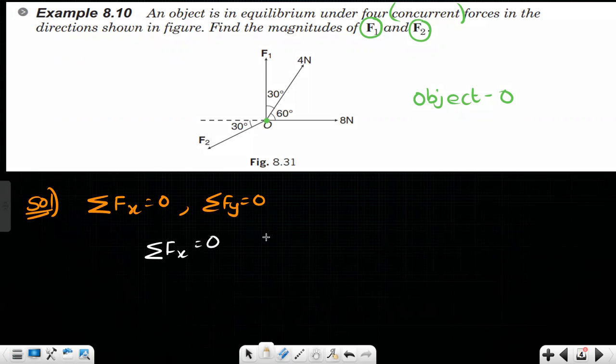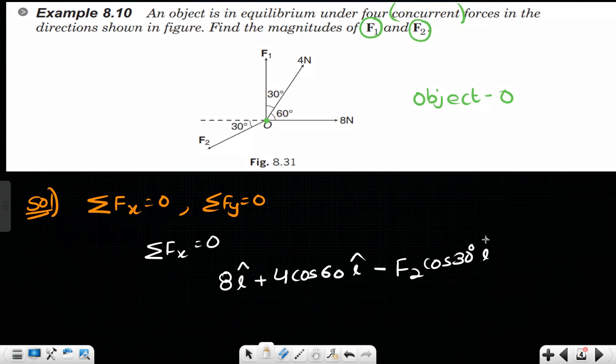See carefully, sir. You can write it in terms of i cap and j cap. That is also the best method to do here. Sigma Fx means in the x-axis direction, you have 8 i cap plus 4 cos 60 i cap, you'll agree with that, minus F2 cos 30 i cap.